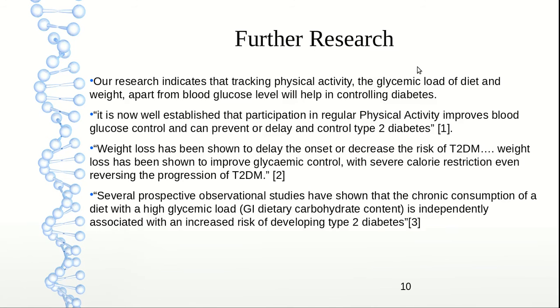So we also wanted to cover some further research that we completed. At a high level, our research shows that by tracking the glycemic load of a diet and your weight, we can get a really good idea of your blood glucose levels in controlling diabetes.